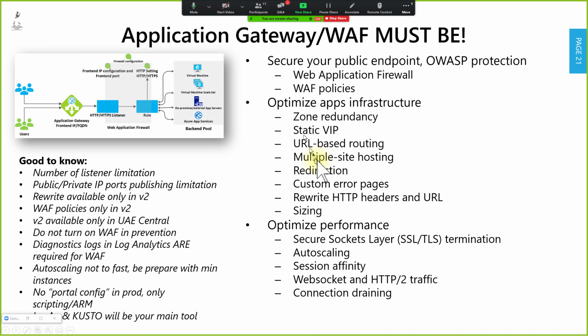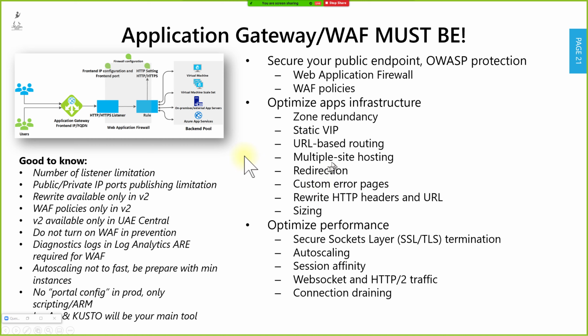You can do different redirection. You can customize error pages again, so you don't even need to do error handling in the application like we discussed before. You can send a request directly to some Azure function, etc., to work on it.